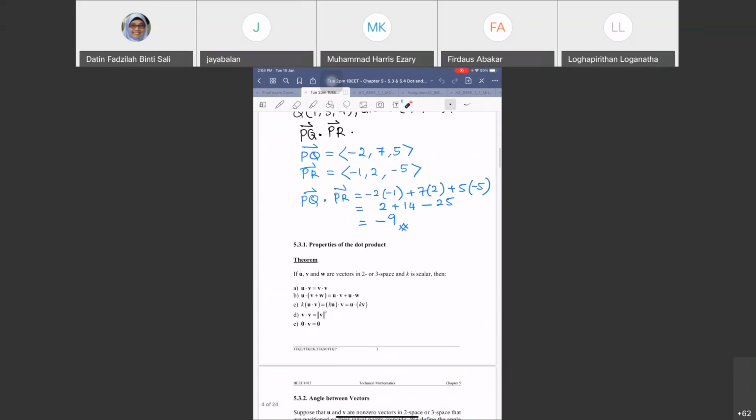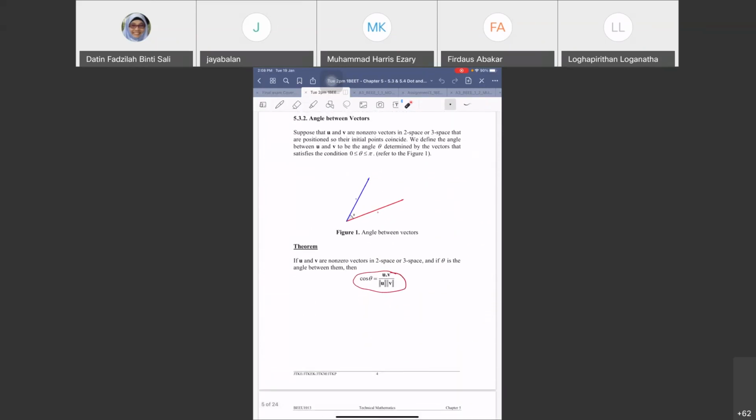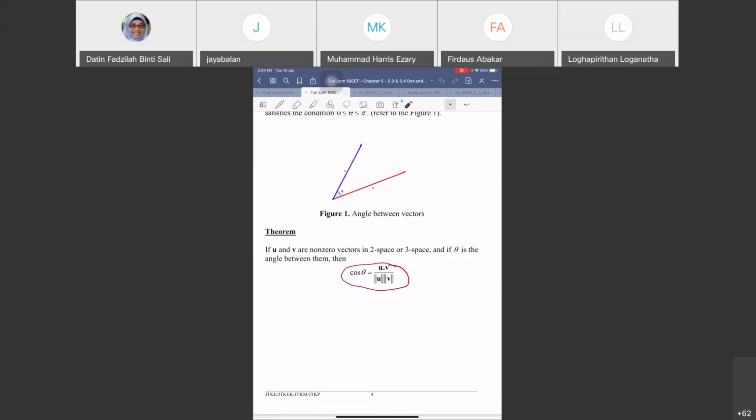Also, because there's an angle in between, there's a theorem which sometimes we call the definition of the dot product, or use it for finding the angle. If a question asks you to find a certain angle, this theorem tells you that cosine theta equals u dot v divided by the magnitude of vector u times the magnitude of vector v.